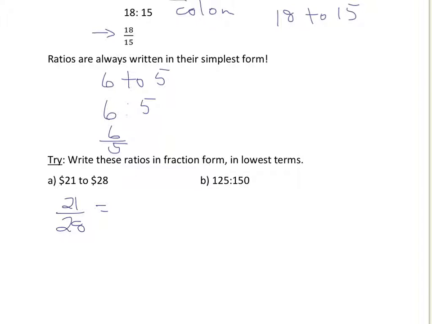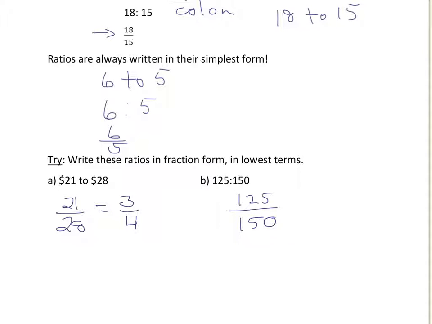But then using our fraction skills, we'll reduce that to lower terms, recognizing that 7 is a factor of 21 and of 28, so that's equal to 3/4. And if we look at B, we've got 125 to 150, but we'll write it in fraction form, 125 to 150. Always follow the same order.